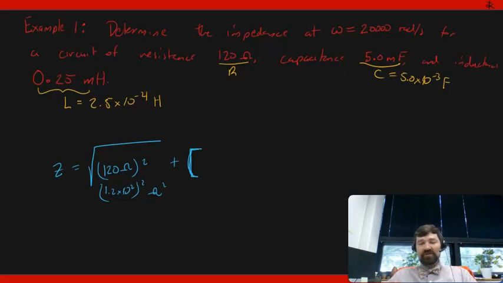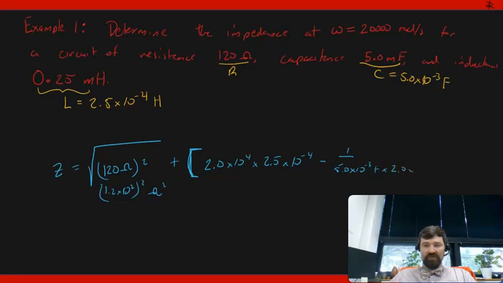And so what I actually have here is omega L, so that would be 2 times 10 to the 4 times 2.5 times 10 to the negative 4 minus 1 over, and then C is 5 times 10 to the negative 3 farads times 2 times 10 to the 4 radians per second.